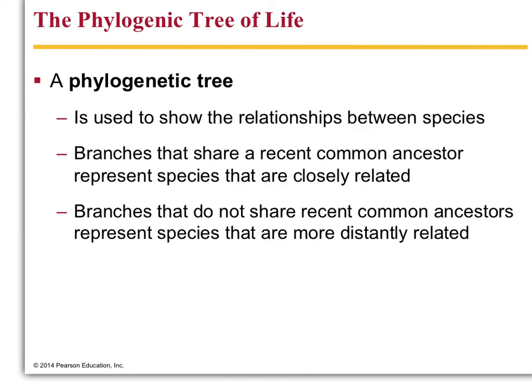So this is allowing us to understand the relationships between one species to the next. The branches on the tree, right, are most closely related when they're all together, and branches that are not together, right, suggests that these are distantly related. We're all related.